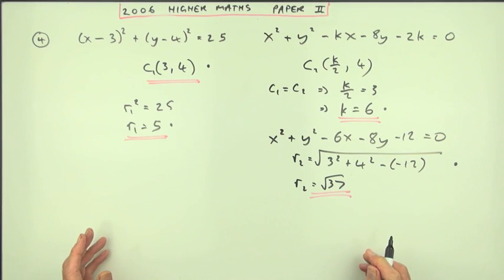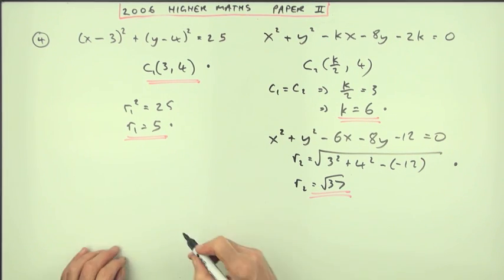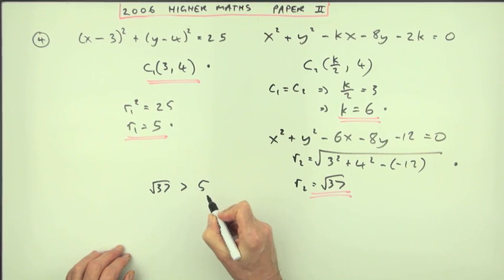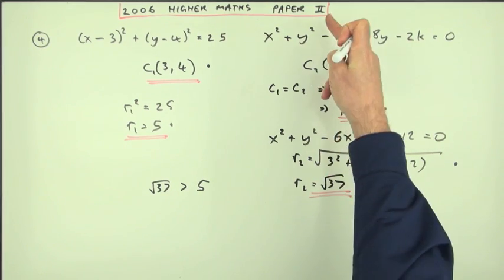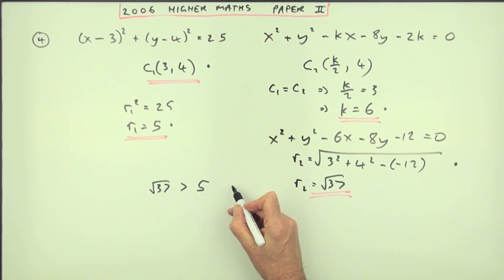Now the last mark's for saying which is bigger. That means you'll have to make a comparison first. Which is bigger out of them? If you simply write, according to the marking scheme, root 37 is greater than 5, because you know it is, maybe because it's paper 2, and you know that's going to be 6 point something, strictly speaking that gives you the last mark, because you've indicated that root 37 is a bigger radius.